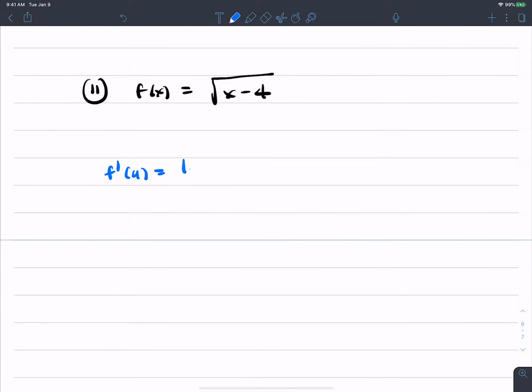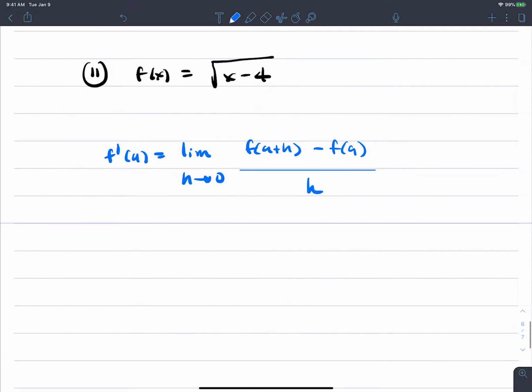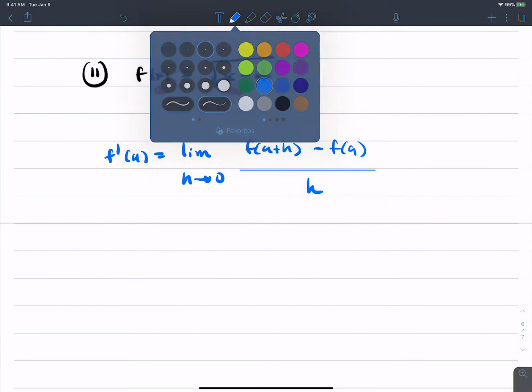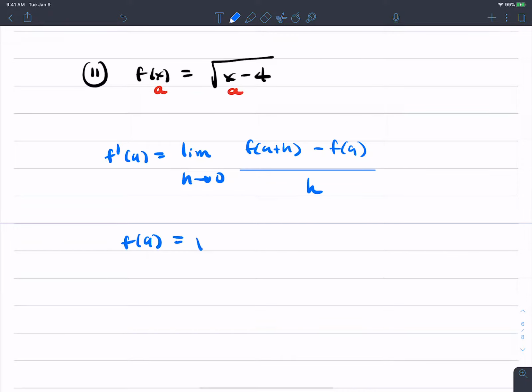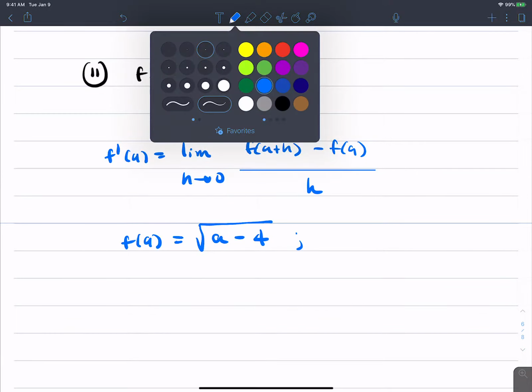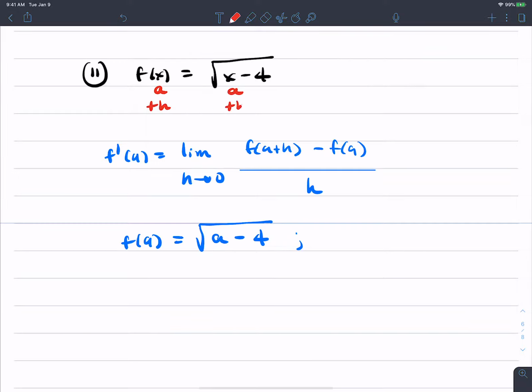Okay. So f prime a is the limit as h goes to 0 of f of a plus h minus f of a, everything over h, our definition. Plug in the a again. F of a is the square root of a minus 4. F of a plus h is the square root of a plus h minus 4.